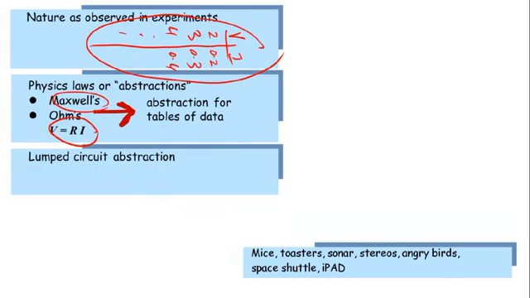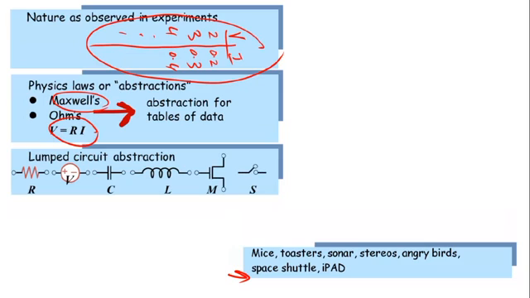So remember, we are engineers, and our goal is to build these systems at the end that will help humanity. So what we will do is we will make some assumptions that you will see in the rest of this lecture, and by making certain classes of assumptions, we will build what is called the lumped circuit abstraction. Now, in the lumped circuit abstraction, we have a set of lumped elements or discrete elements such as resistors, capacitors, voltage sources, inductors, transistors like the MOSFET switches, and so on and so forth.